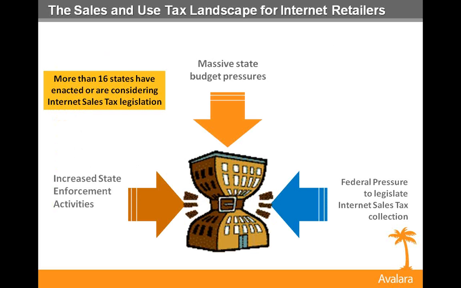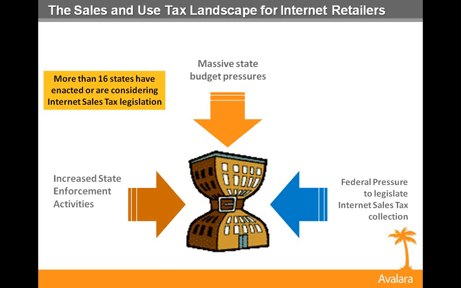So just to touch on that point a little bit more, there's huge pressure that's being put on you, the business owners. And with budget shortfalls in the states, in the cities, in the counties, there's increased pressure and enforcement activities that are going on for the states to increase their revenues.